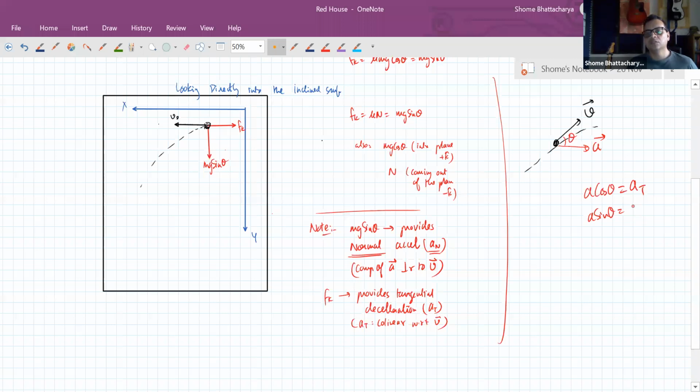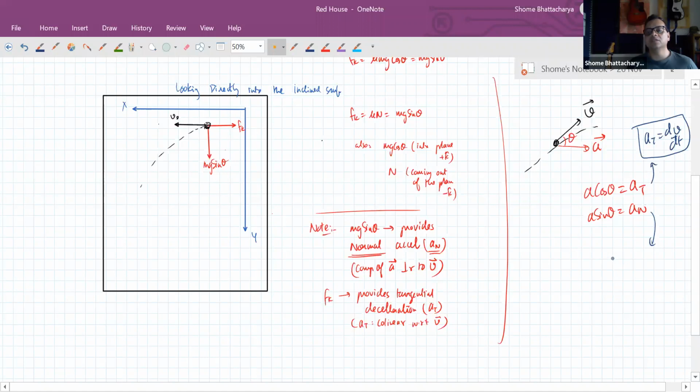The tangential component is the rate of change of speed, and the normal component turns the direction of the velocity vector.